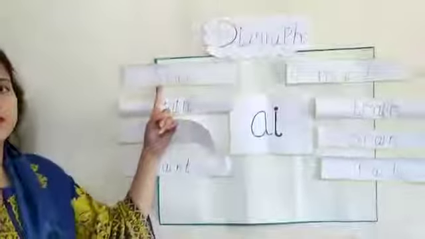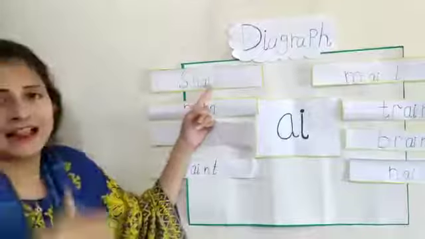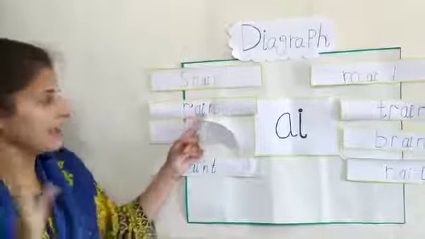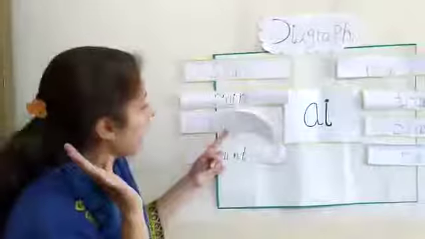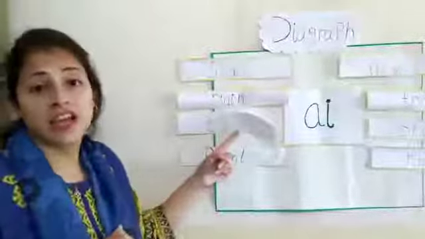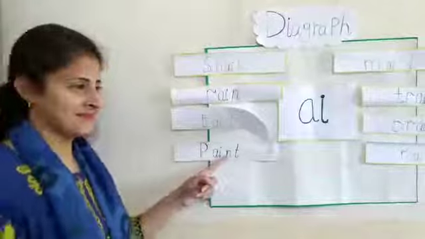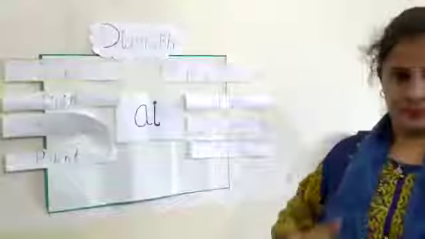Okay, first, read the first letter again. S, A, snail. A, rain. T, t, A, tail. P, p, A, t, paint. A, D, made.